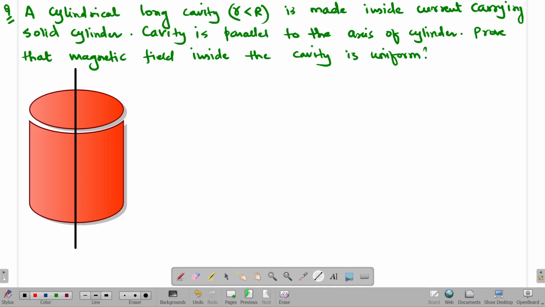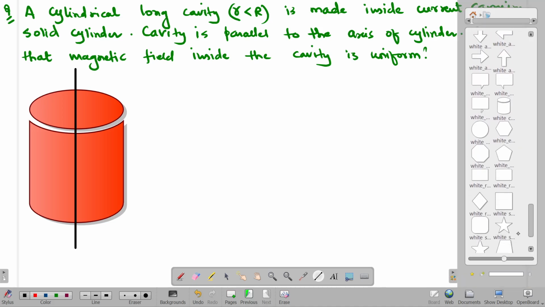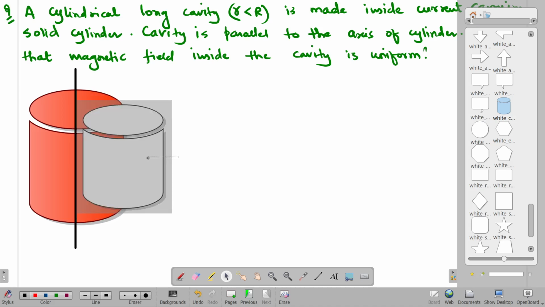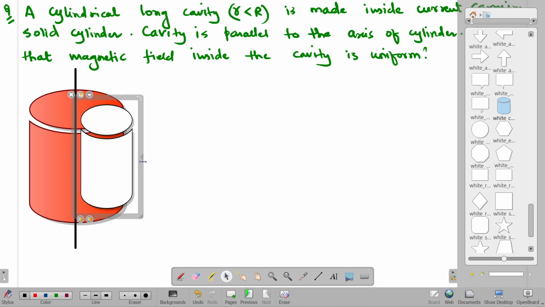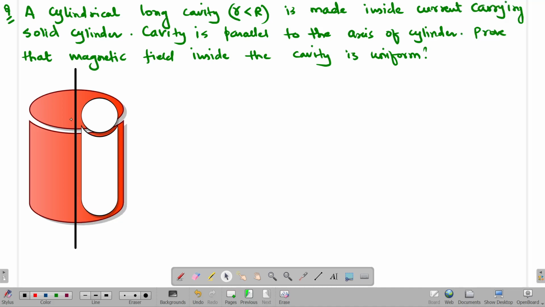So see, this is my cylinder, isn't it? And inside it, I created some kind of a hollow cylinder. I'm considering a kind of cavity, isn't it? Like this one. So see, this is my axis of the cylinder.